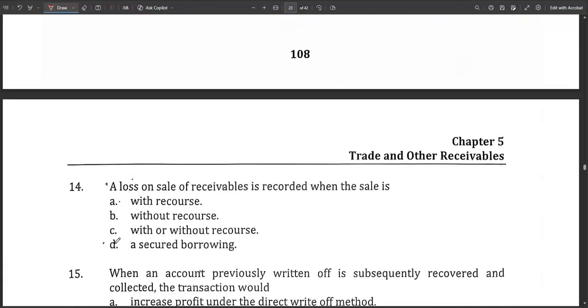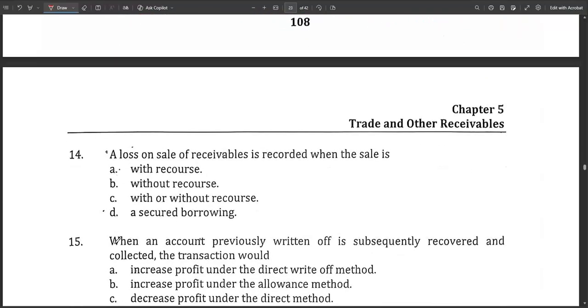Next is 14. A loss on sale of receivables. This is factoring. The keyword is sale. A factoring way of receivable financing is recorded as a sale when the sale is with recourse or without recourse?